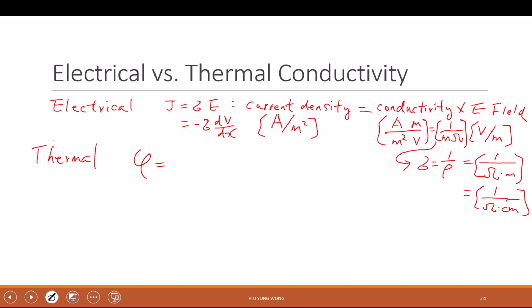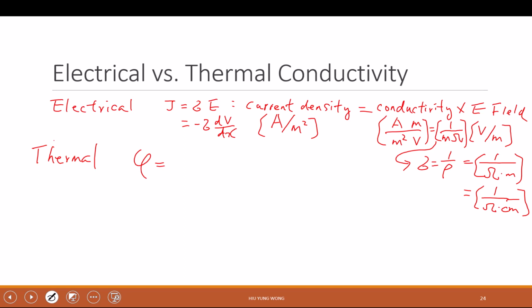It's the gradient of the potential, right? Negative dV/dx. You have 1 volt here, 0 volt here, distance is 1 meter, then the electric field is 1 volt per meter.